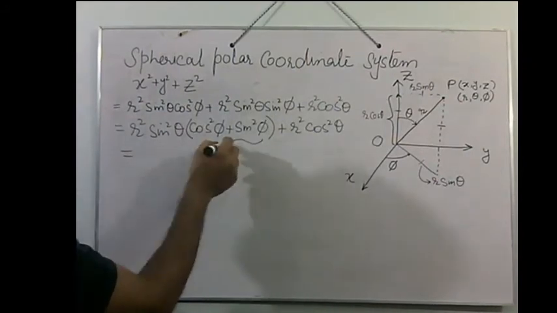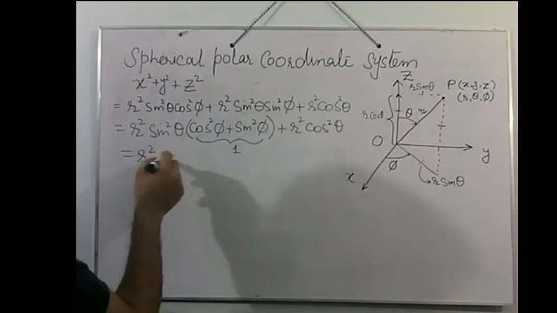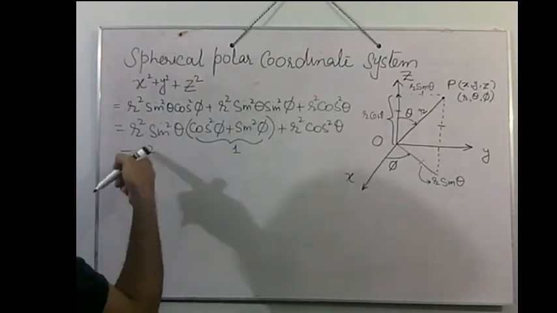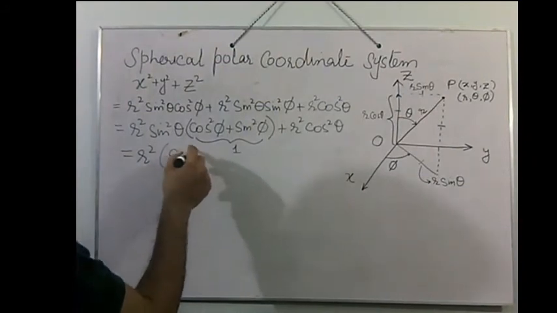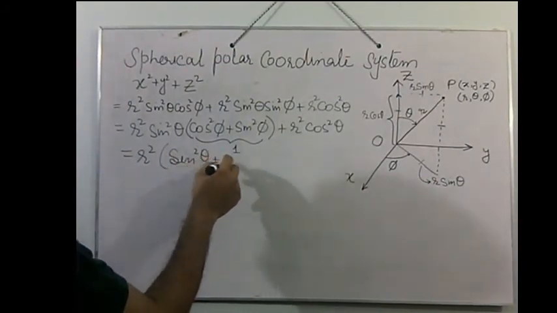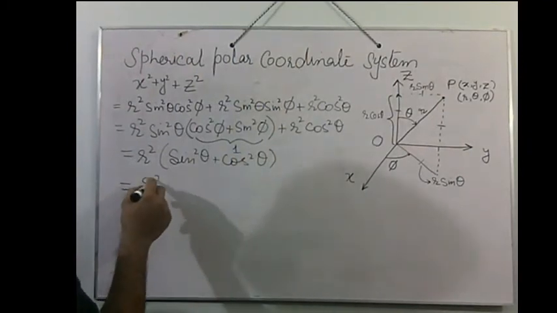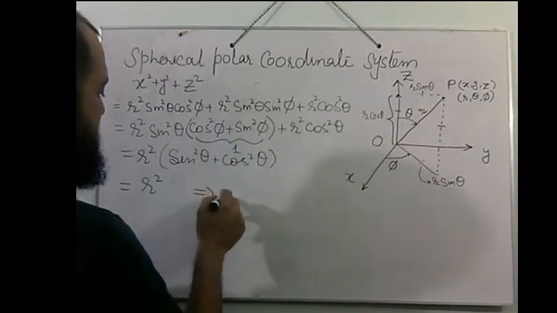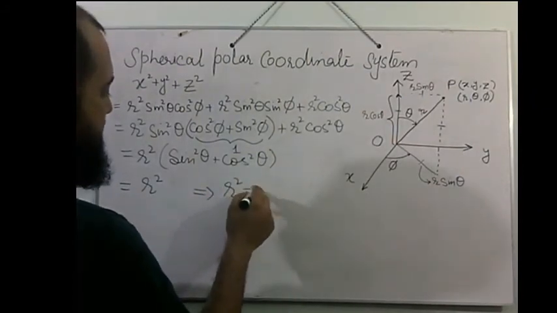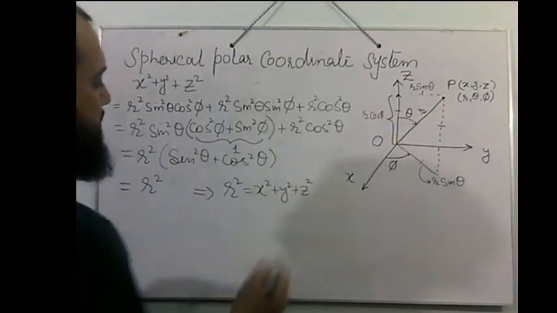And since this term is 1, taking common r square from this term and this term, this is again sin square theta plus cos square theta, so we see that this is equal to r square. So we have another relation, r square is equal to x square plus y square plus z square.